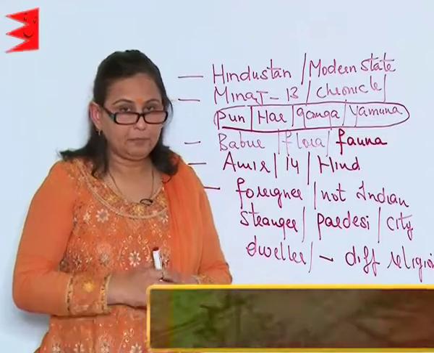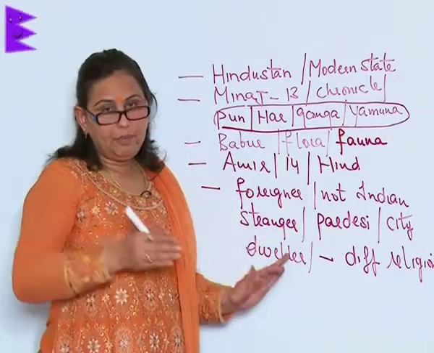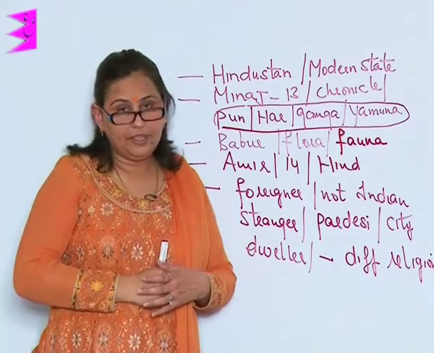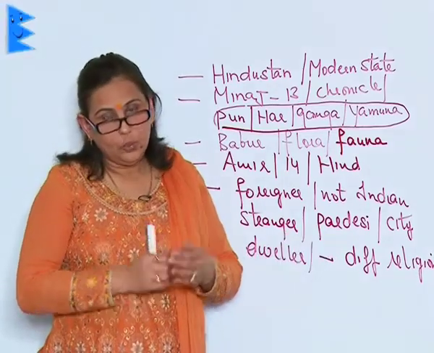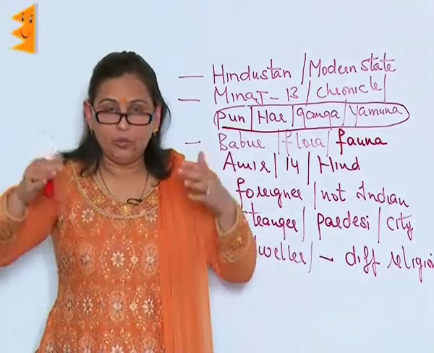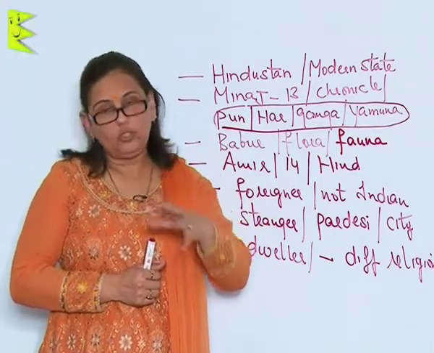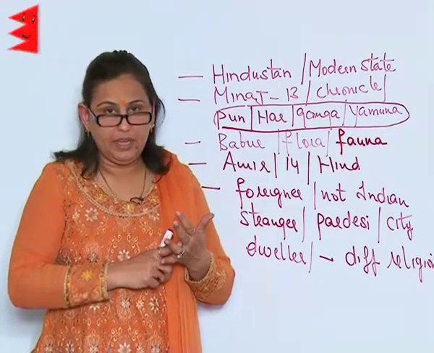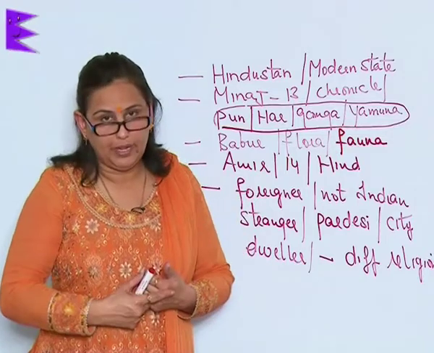For example, for a city dweller, the person living in a forest, that is a forest dweller, was a Pardesi. So anyone who had come from outside their village, who was not a part of their village, was a Pardesi. So Pardesi, Ajnabi had different meanings and foreigner has a different meaning altogether.